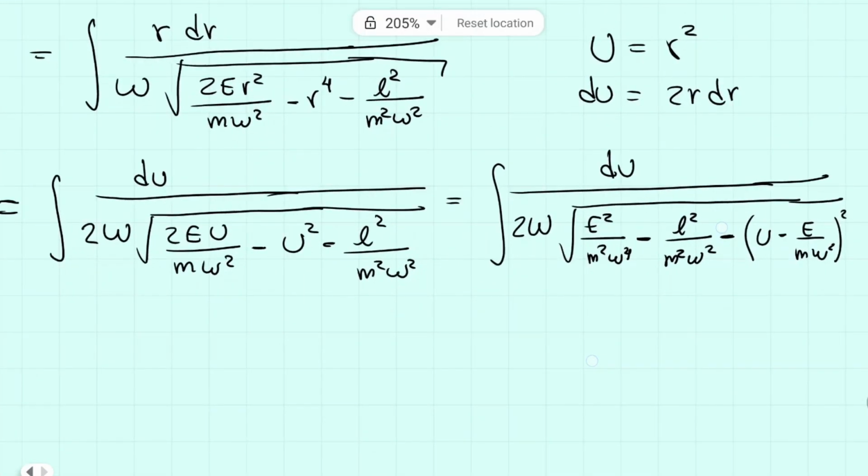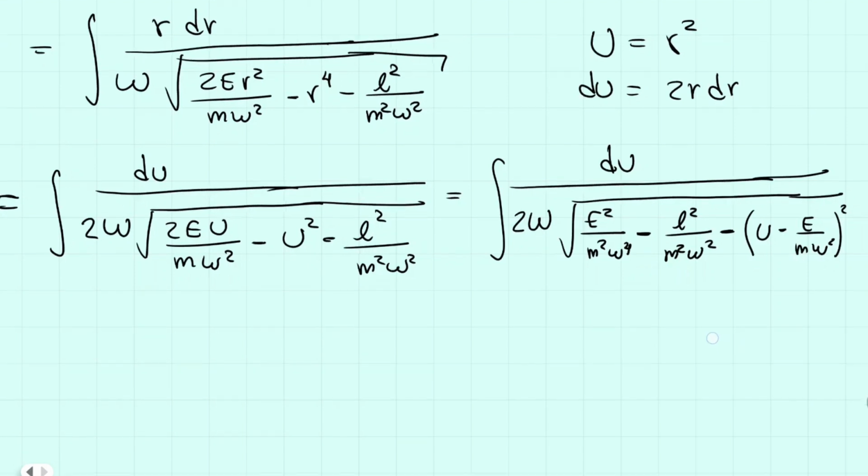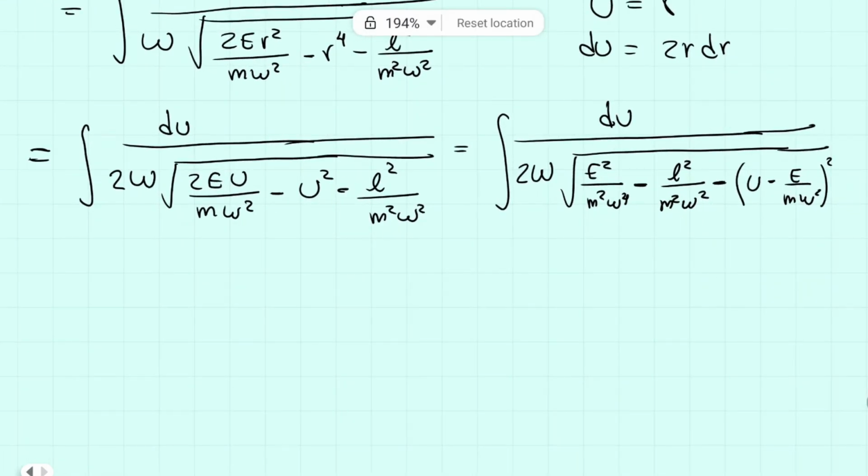Look that this term is conserved. If we raise u to the second power, we get this. If we raise this to the second power, it will be cancelled with this term here. And if we multiply negative 2 times u E over m omega squared, we get this term that we have here. So this other way to express this is correct.